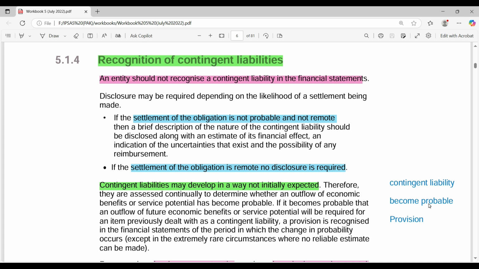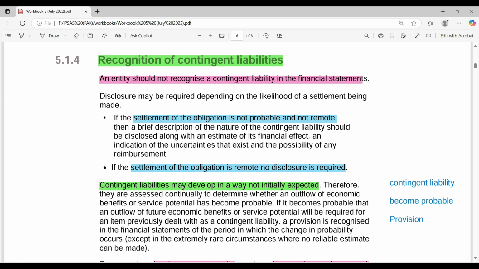If the settlement of the obligation is remote, no disclosure is required. It means that if there is a very little chance, around 1% or 2%, that the liability will occur, this is a very remote factor. In this case, you do not need to disclose it.